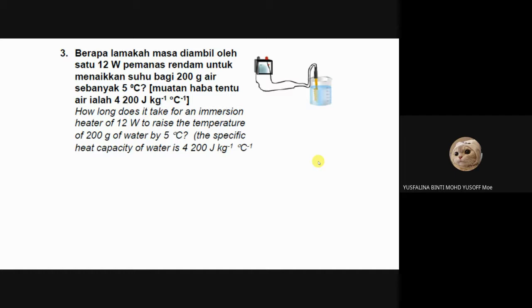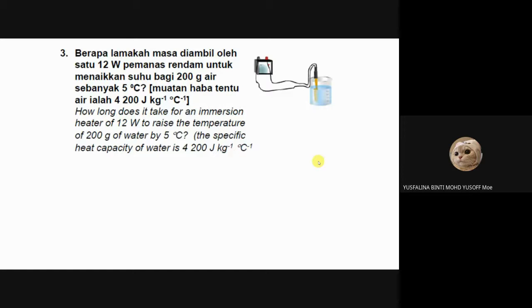So what's the formula that we should use for this one? Yeah, Pt is equal to mc theta.